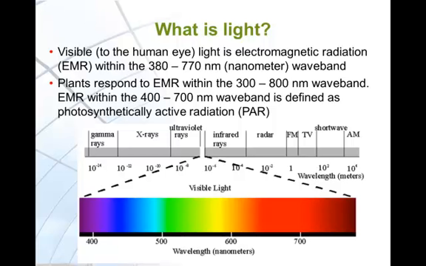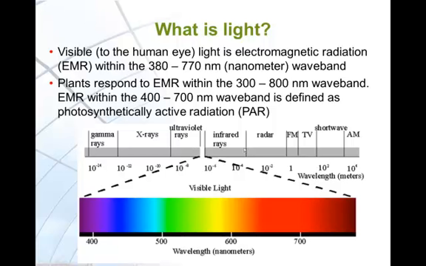So the diagram below is showing the wavebands and also the names of the electromagnetic radiation. You can see that visible light is sandwiched between ultraviolet radiation and infrared radiation.